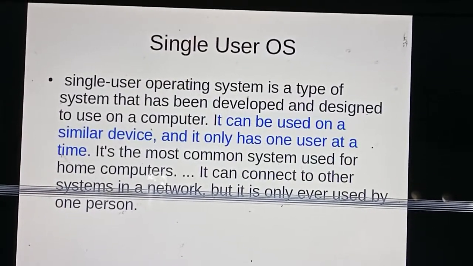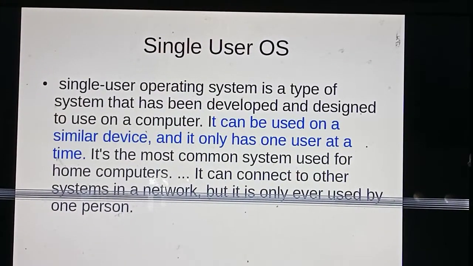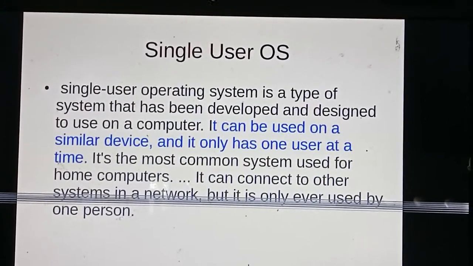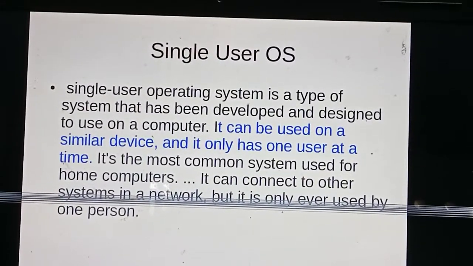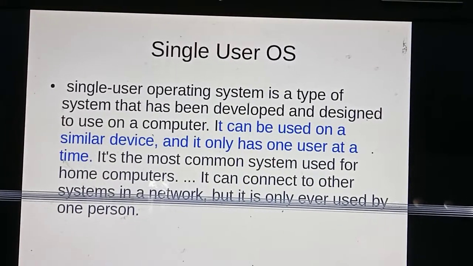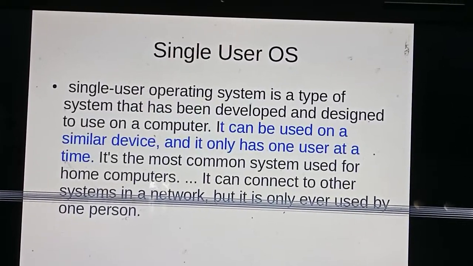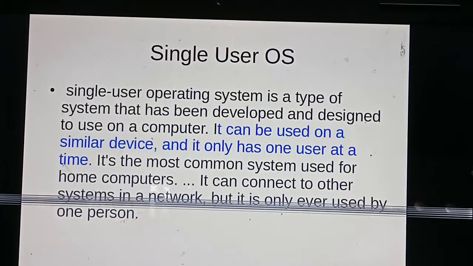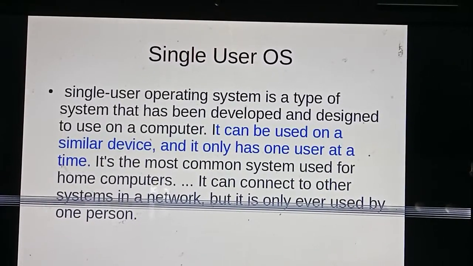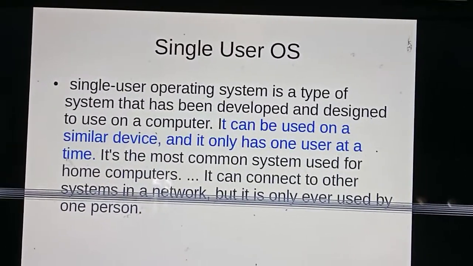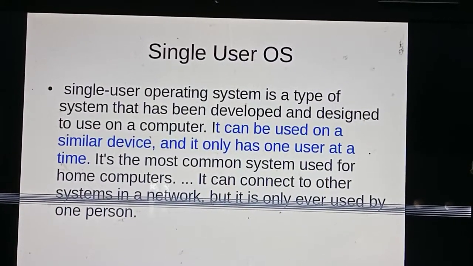That is why it is called a single user operating system. It is a type of system that has been developed and designed to use on a computer, and it only has one user at a time. That is the main point.